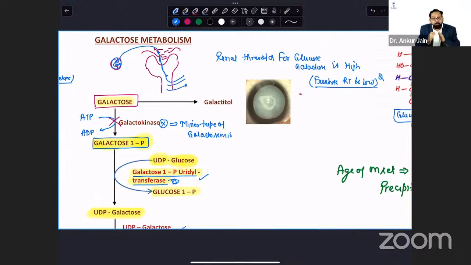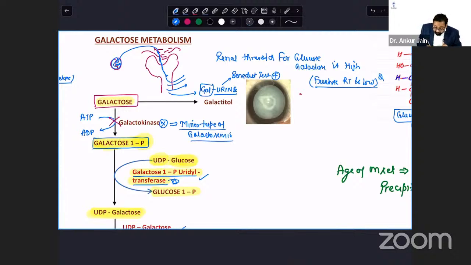In spite of reabsorption, some amount of galactose will come in urine and give a positive Benedict test. You all know that galactose, glucose, fructose, all monosaccharides are reducing sugars. They give a positive Benedict test. This is the lab diagnosis of the minor type of galactosemia.